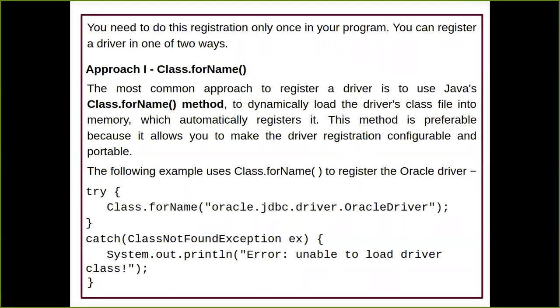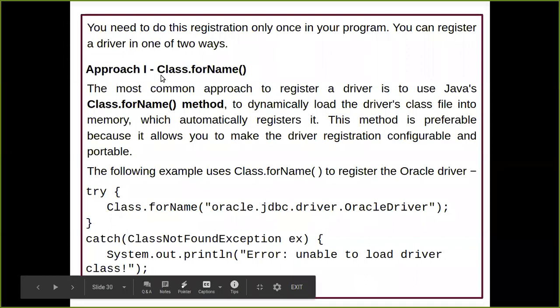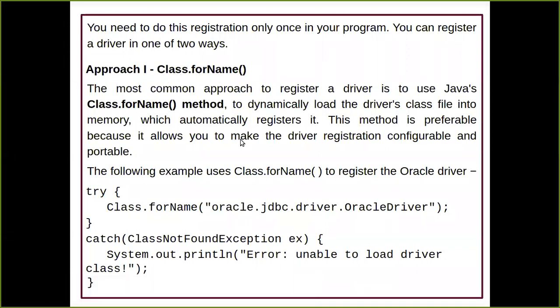In the first approach, we use Class.forName, where we are considering that the driver manager, you remember the diagram, Java application, JDBC API, then the JDBC driver manager, already has the JDBC driver of the specified database.